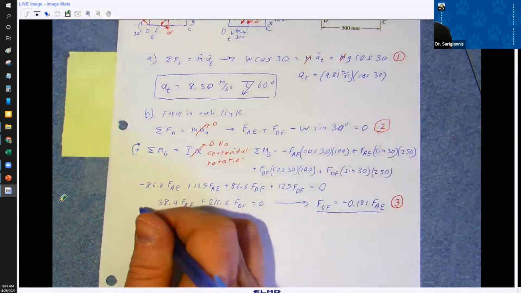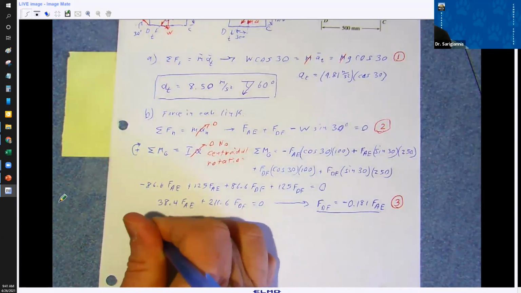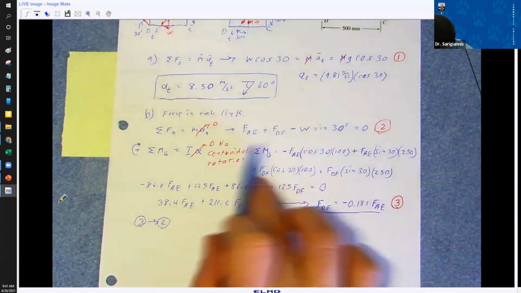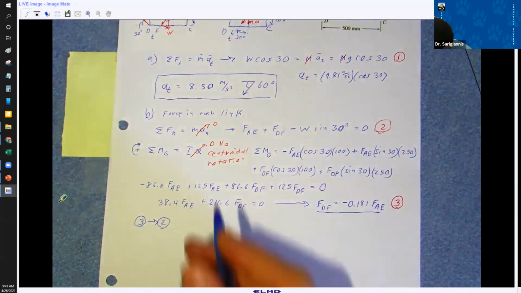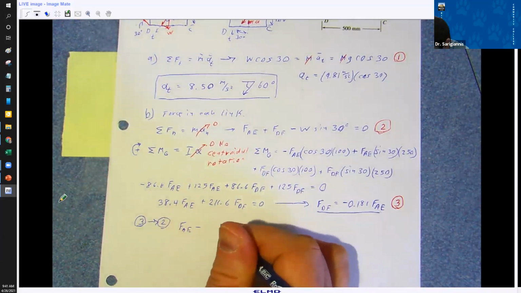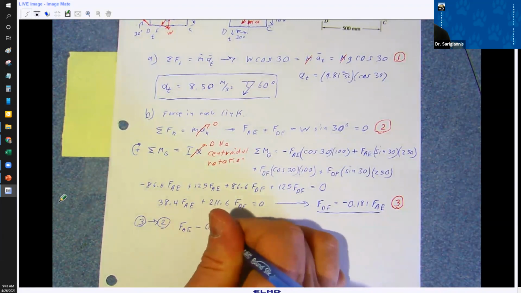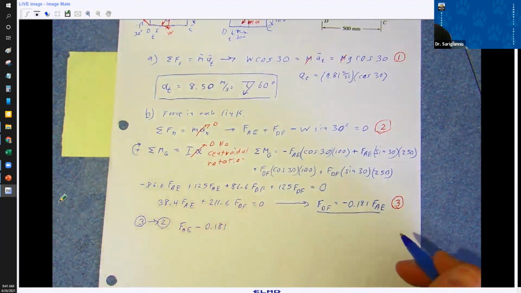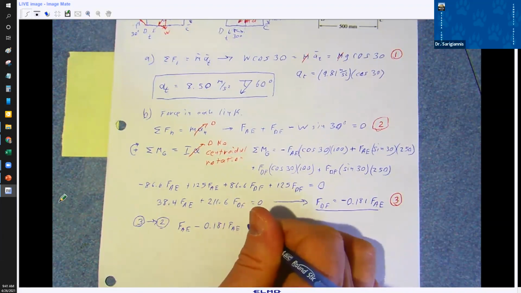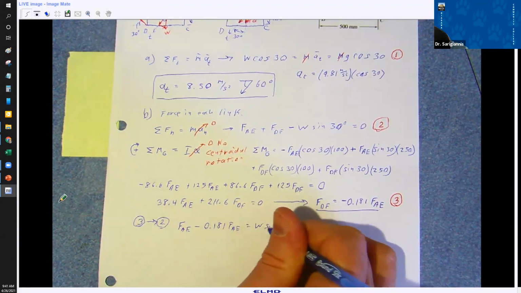So we take 3 and substitute it into 2, right up here. We wind up with FAE minus 0.181 FAE equals W sine 30.